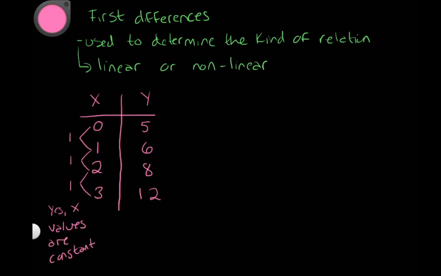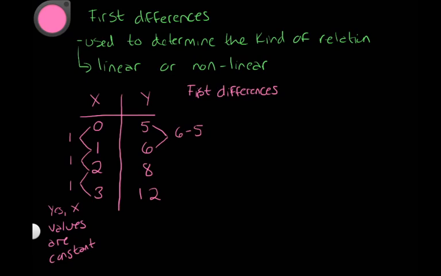So now we can take a look at the y values and we can determine our first differences. So I'm going to write first differences. And we're going to look at our differences. So looking at our y values, to go from this y value to this y value, we have 6 minus 5. So notice that I'm using the second and subtracting the first number from it.